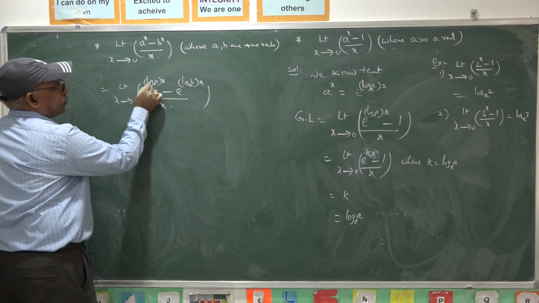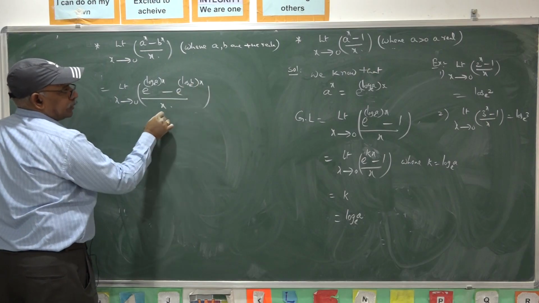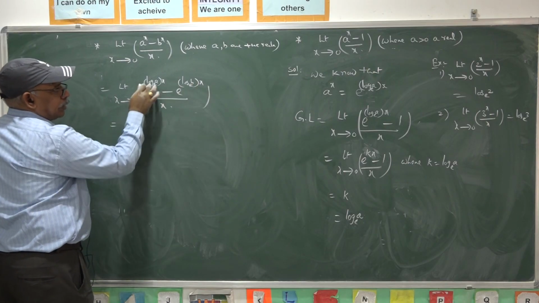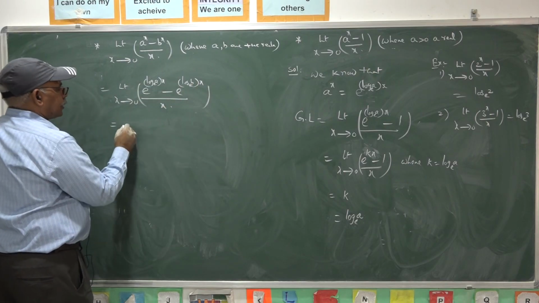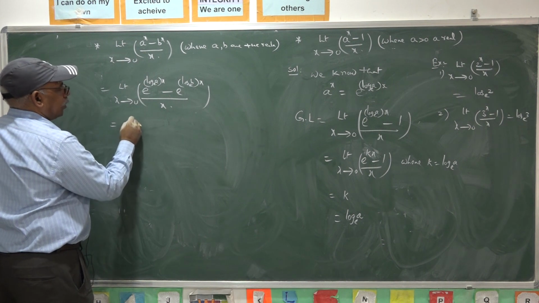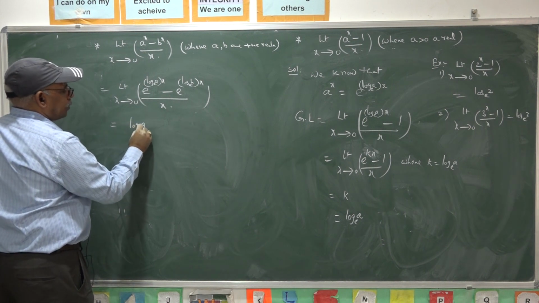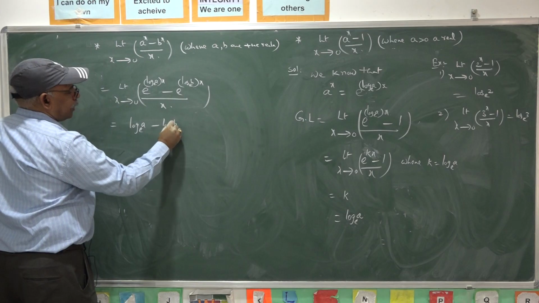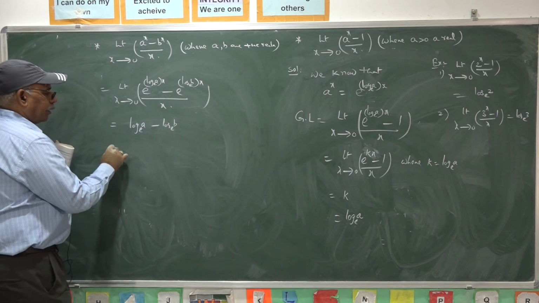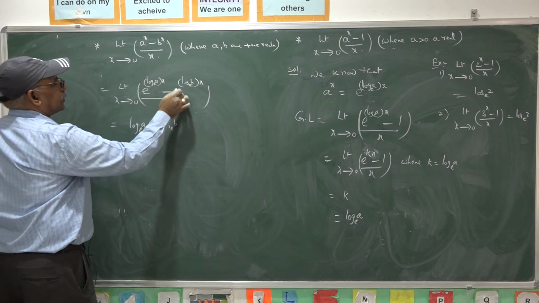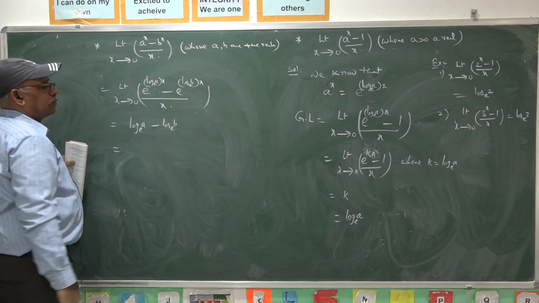Clearly of the form (e^(mx) - e^(nx))/x, that gives us m minus n, which is log a to the base e minus log b to the base e.